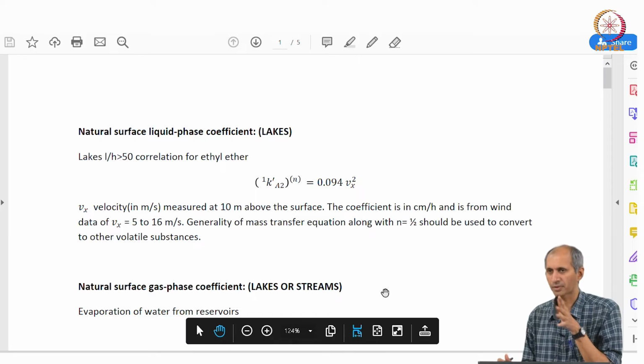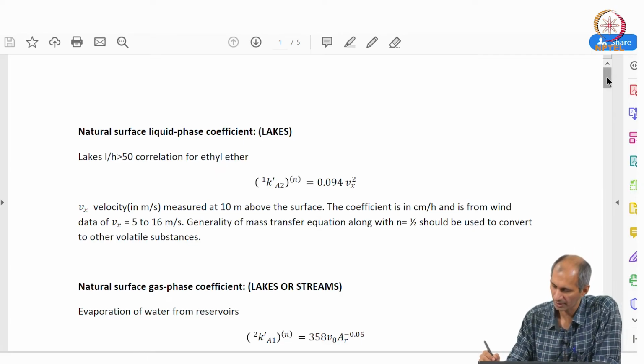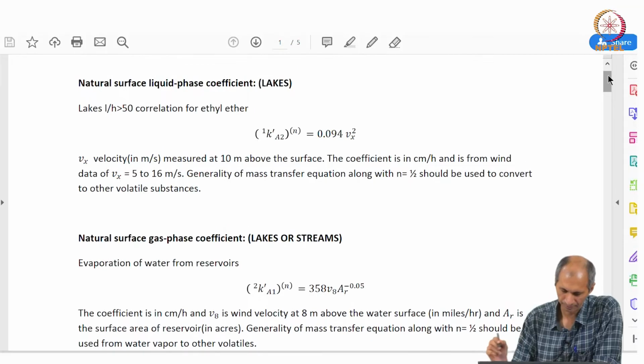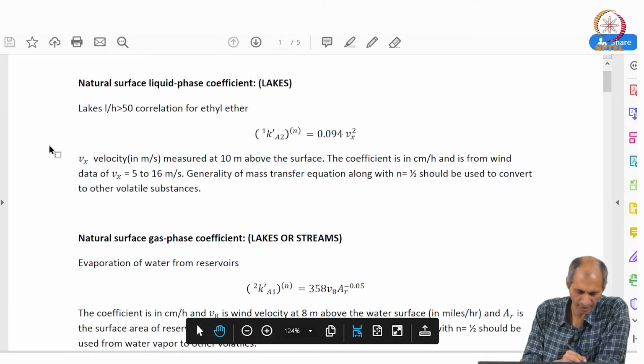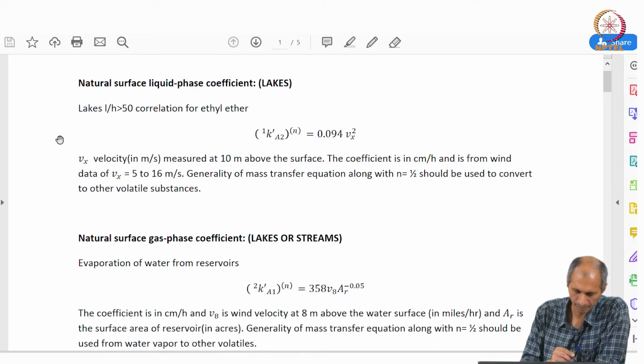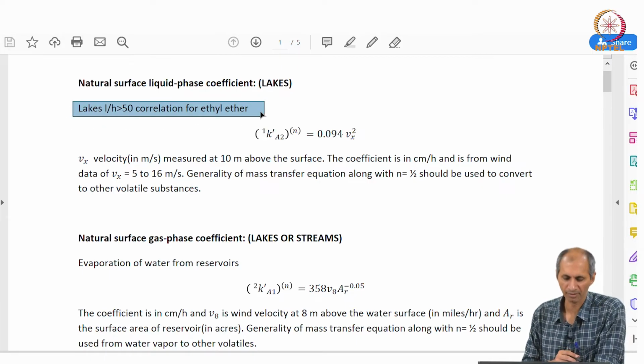there are many mass transfer coefficients. This is a limited list given here. For example, we look at natural surface liquid phase mass transfer coefficients, and this list is there in your web page. So if you look at this correlation, it says lake L by H is greater than 50, correlation for ethyl ether.